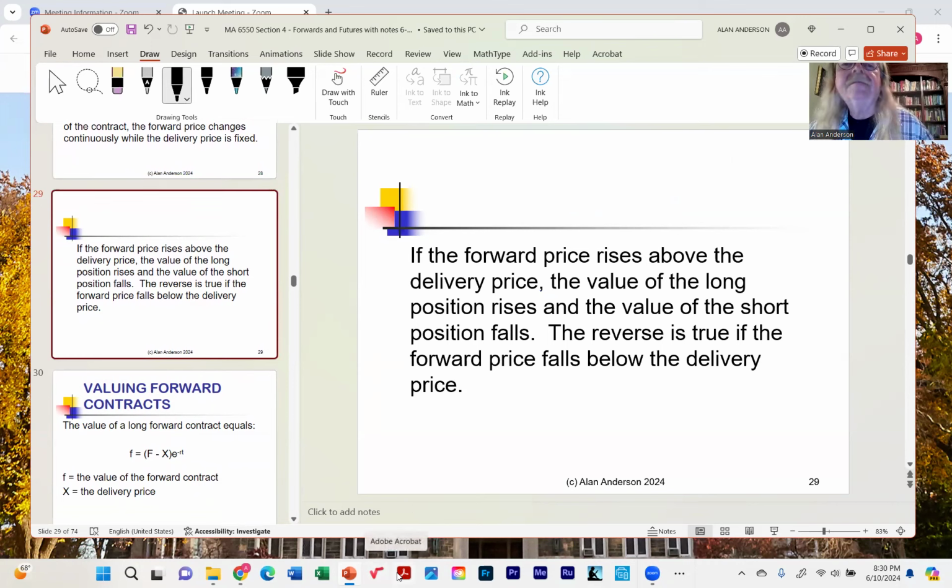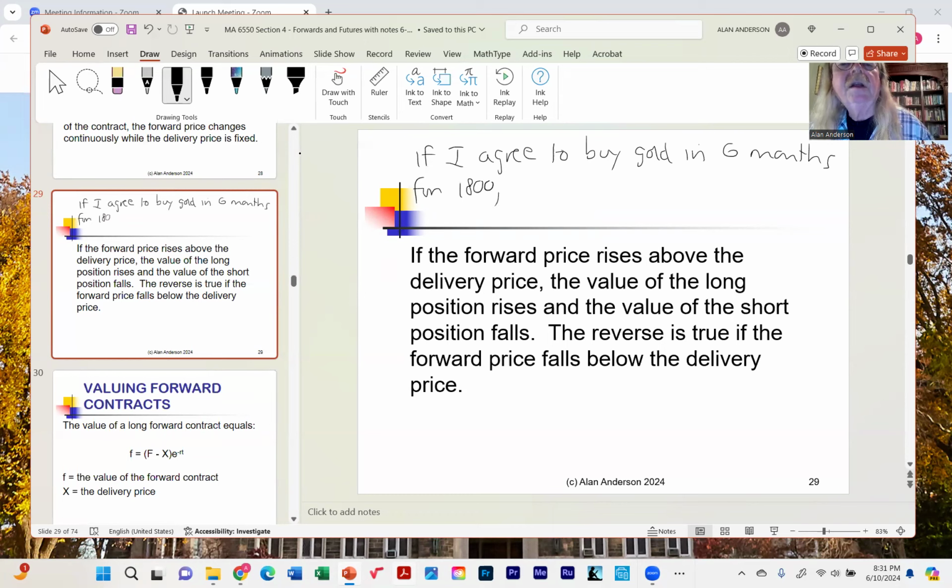So that means, let's say I agree to buy gold in 6 months for 1,800. By the way, we're going to call this X. This is Hull's notation.